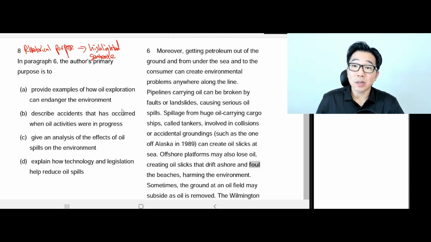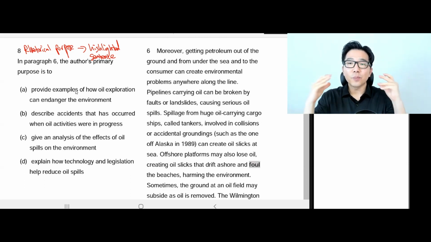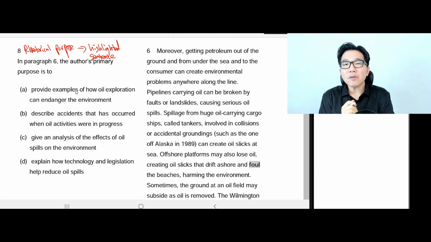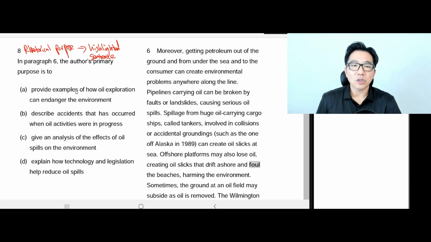That would be the answer, wouldn't it? Right? So it's a big picture question. If you understood, it would be a really good, easy question. If you didn't completely understand the paragraph, then this could be quite difficult. Okay, so very big picture question.